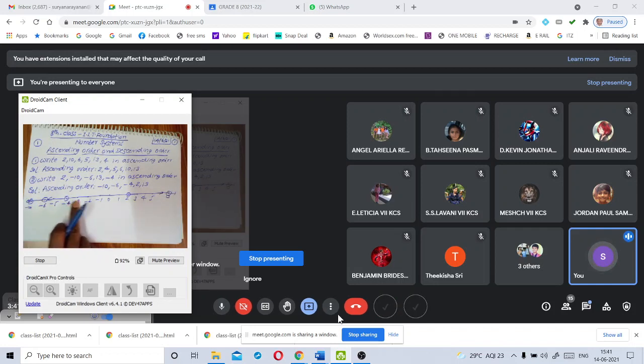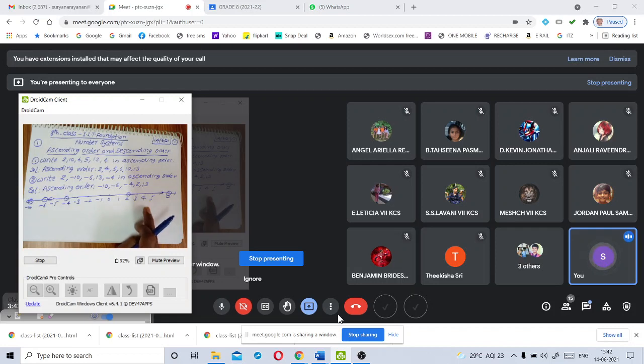After marking the numbers on the number line, you have to write the utmost left side number as first number. After that we write the remaining numbers one by one. So minus 10, after that minus 6, after that minus 4, after that 2, after that 13.